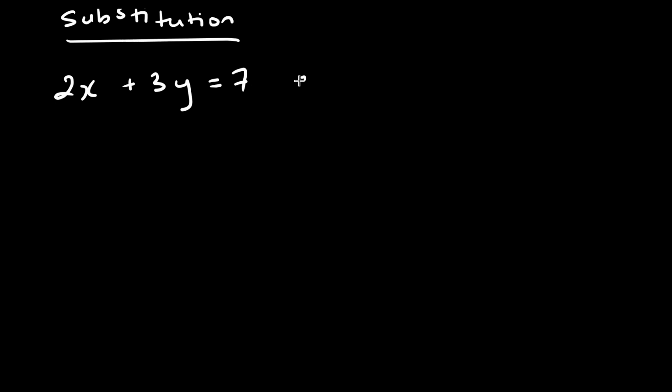Oh, if I can, let me get things situated over here. Substitution. Right, now, writing aside the method, if I have 2x plus 3y is equal to 7 and 3x minus 4y is equal to 2.